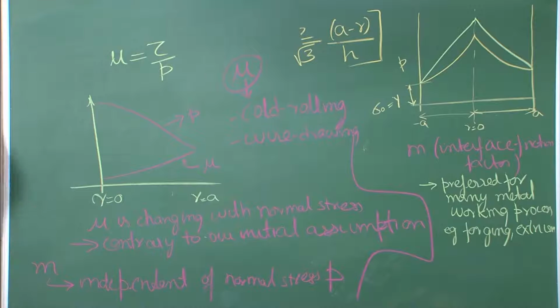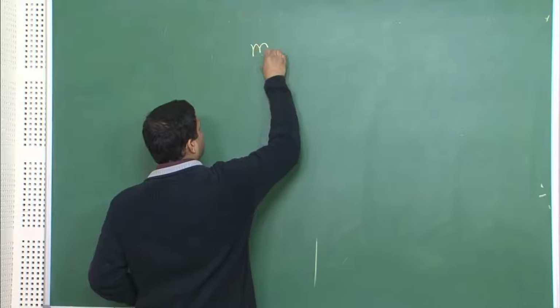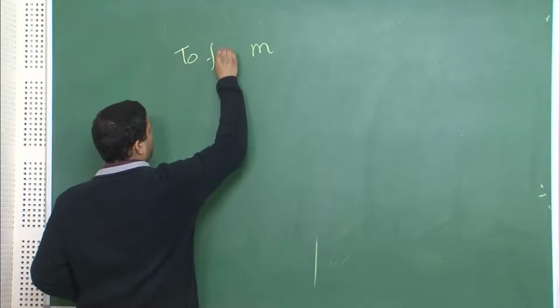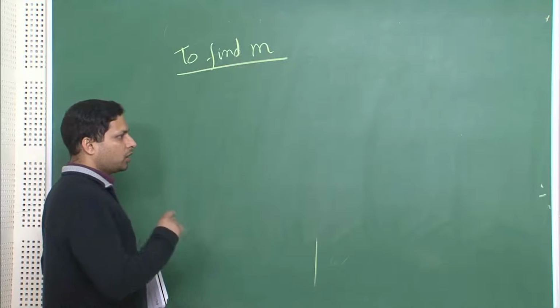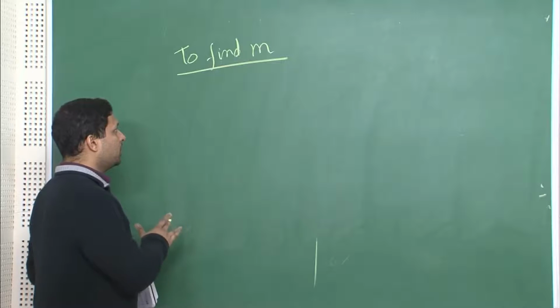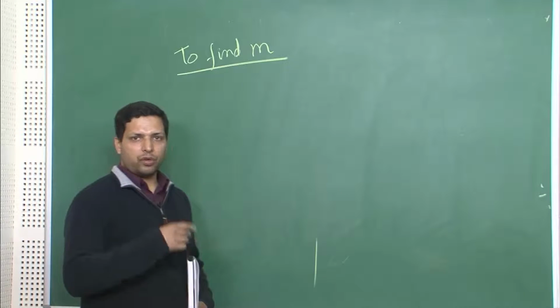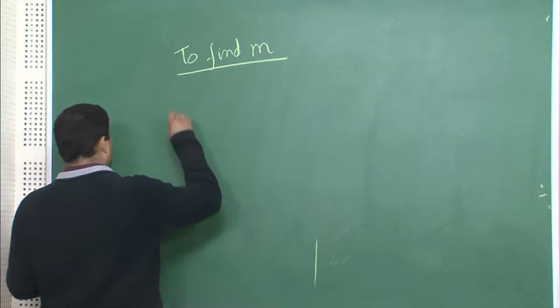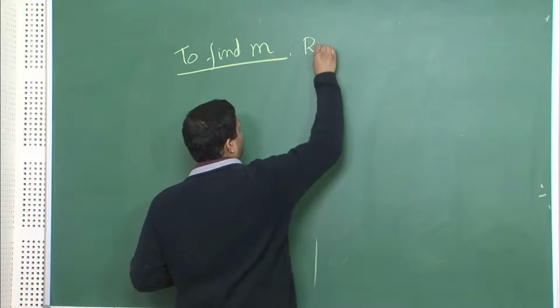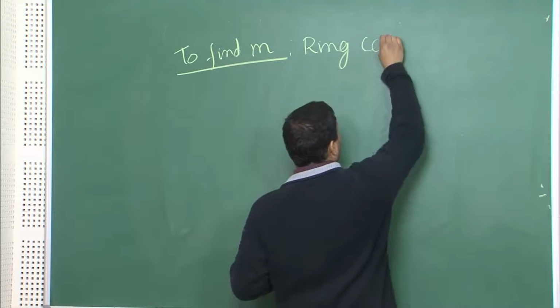Let us quickly go through one example that is very widely used for forging to find m. The objective here is to find m, so that we can find out the condition that exists in that particular configuration. It is called the ring compression test, and it is particularly useful for forging.